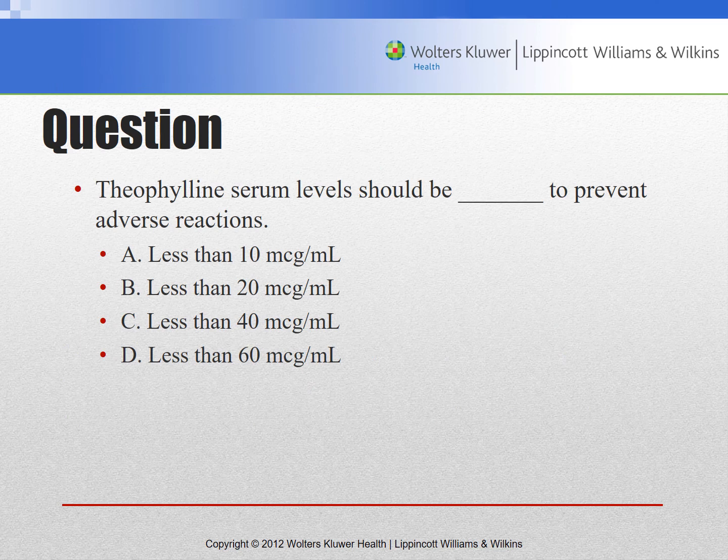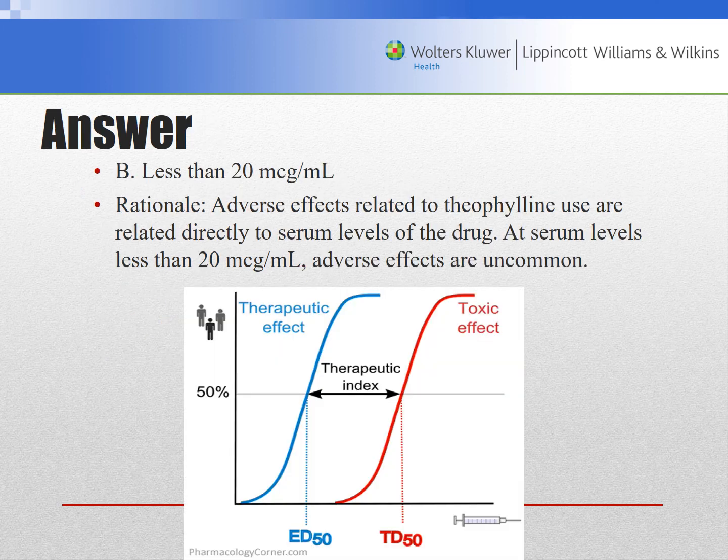So theophylline serum levels should be less than 20 micrograms per milliliter, and that's to help prevent adverse reactions, because the adverse effects are related directly to the serum levels of the drug.